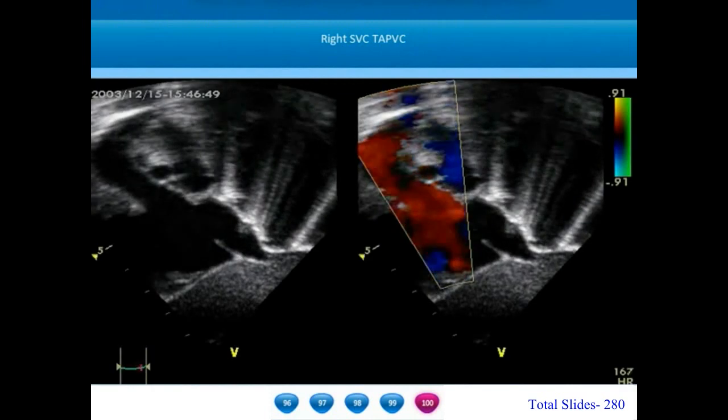When we run the movie of the subxiphoid view, we are clearly able to appreciate a large right vertical vein that courses posteriorly, ascends up in the superior mediastinum, enters the right superior vena cava on the posterior wall, and turns around back into the right atrium. So this is a right superior vena caval type of TAPVC through a right vertical vein.